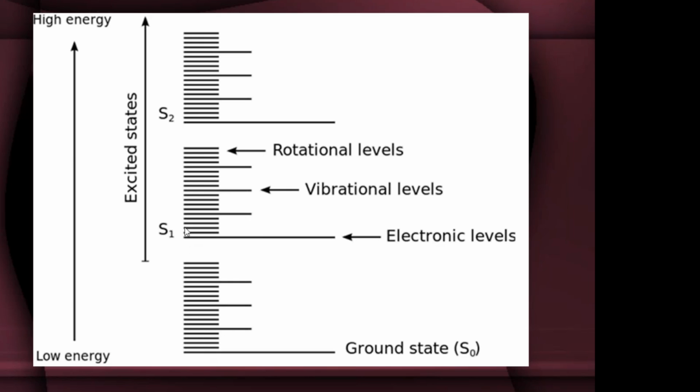So definitely it will go to either the first or the second, depending upon the energy of the photon. It need not go only to the lowest vibrational state of the electronic energy level. It can also go to any of the vibrational or rotational states, to any of these, not in between the two levels.